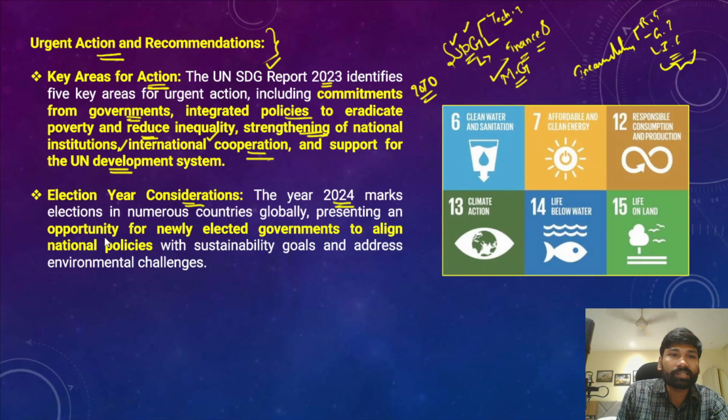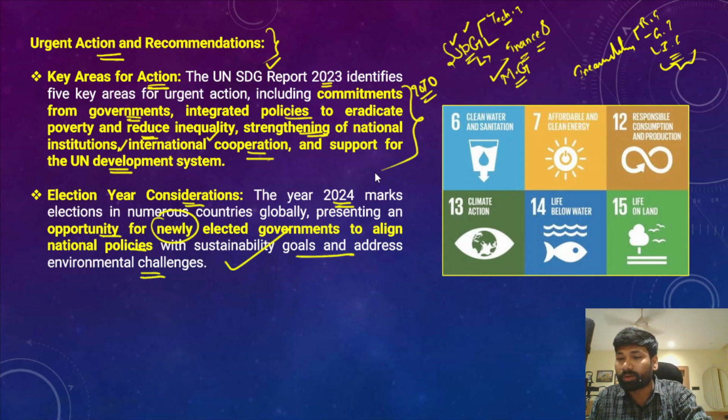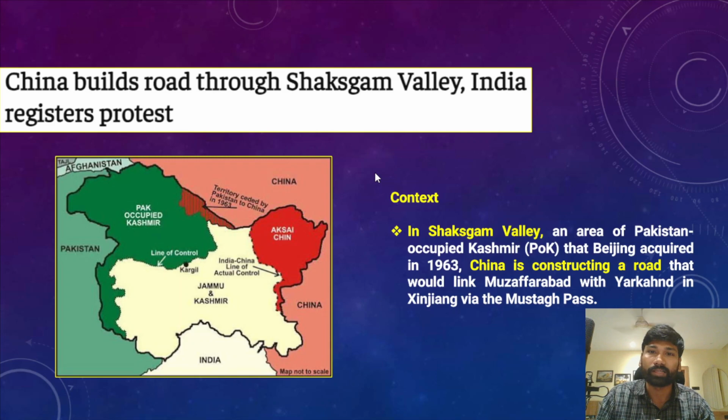That presents an opportunity for newly elected governments to align their national policies with these sustainability goals and address these environmental challenges. So this is what the author has been saying: these are certain focused and priority areas to achieve all the sustainable development goals, and at the same time we must prioritize environmental protection as well.